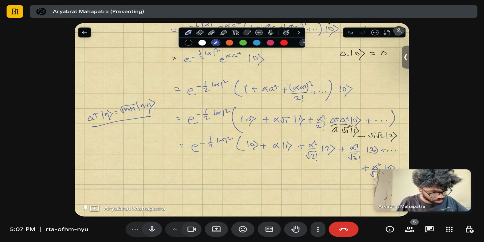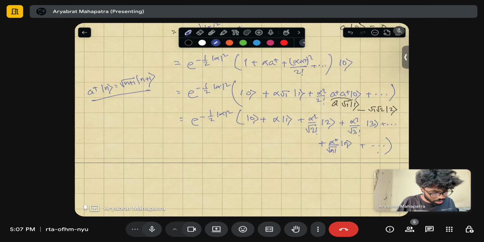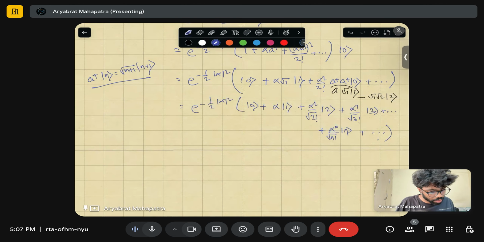And from here you can write alpha, which we started with. The first factor, the prefactor we have right here, is minus half of the magnitude of alpha squared.